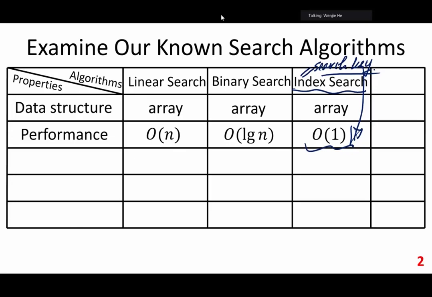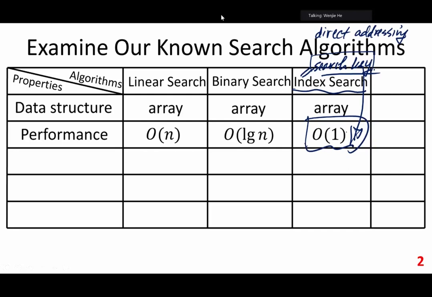In some older textbooks, it's called index search. In our textbook, it's called direct addressing, because the address is direct. Given a search key, you have the array index, then you find that location in the array immediately. That's big O of 1.